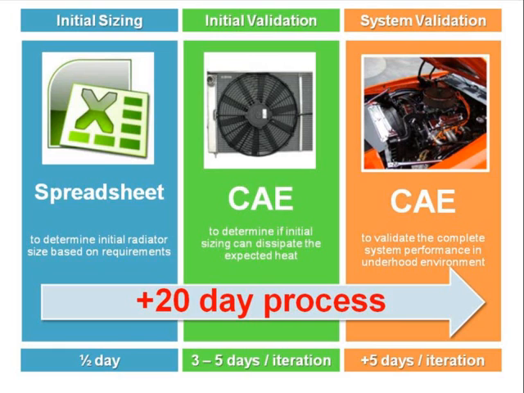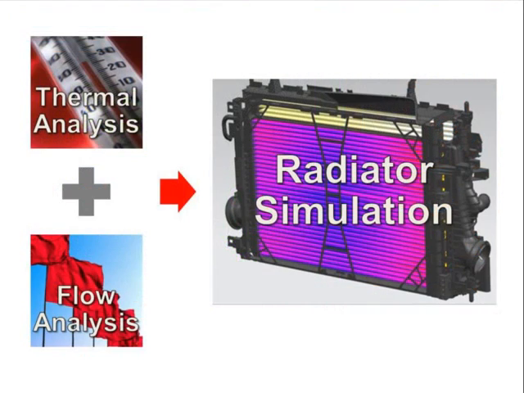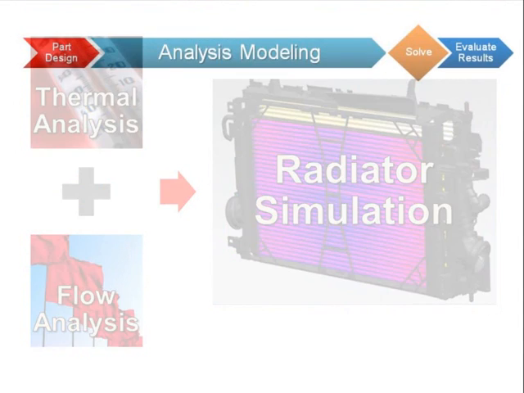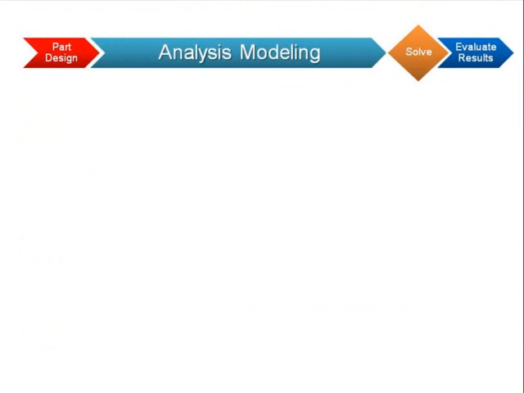This length of time spent for analysis is partially because radiator simulation is complex, involving coupling of fluid and thermal analyses. But the bulk of the time spent for radiator simulation is devoted to just building the analysis model.